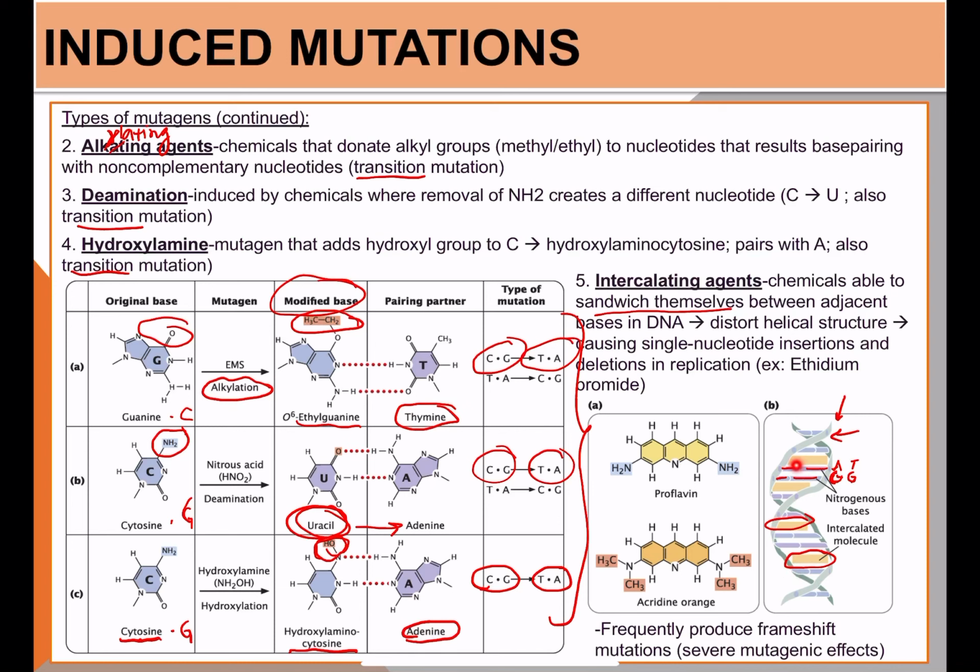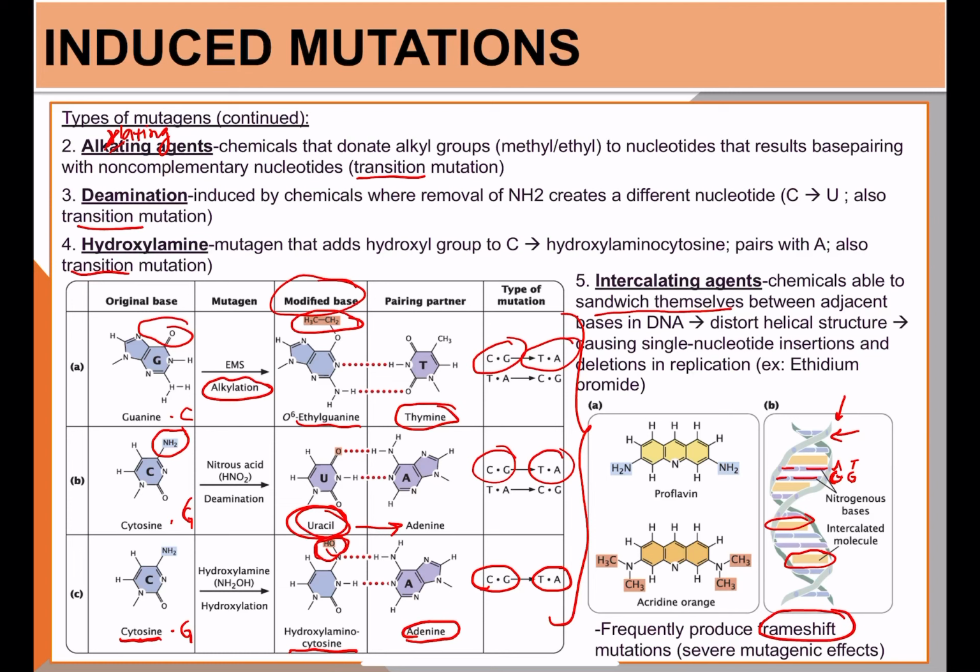And usually when you have these insertions that mess up the structure, it actually makes gaps, okay? And those gaps can actually cause single nucleotide insertions and deletions when the molecule moves on to do replication, okay? So normally, intercalating agents will produce frameshift mutation because they will cause gaps within the DNA helical structure, and result in insertion deletion.